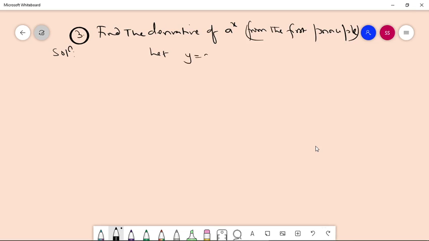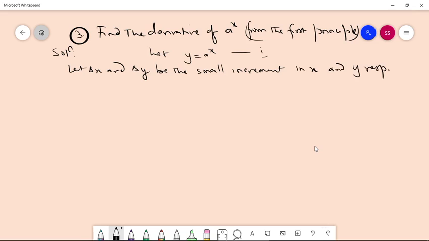Let y equal to a to the power x, let del x and del y be the small increment in x and y respectively.